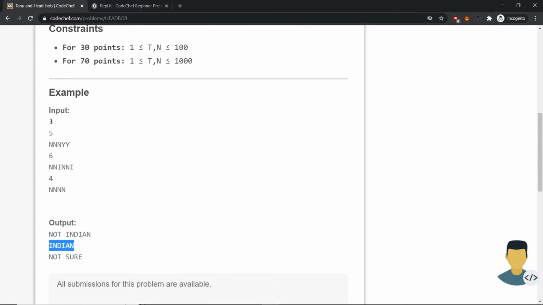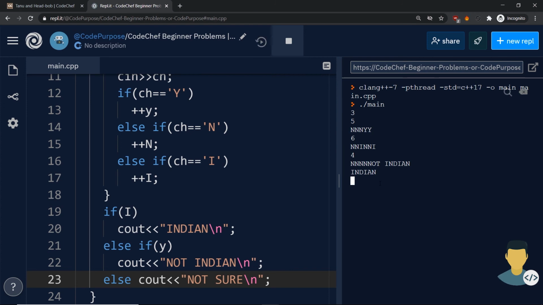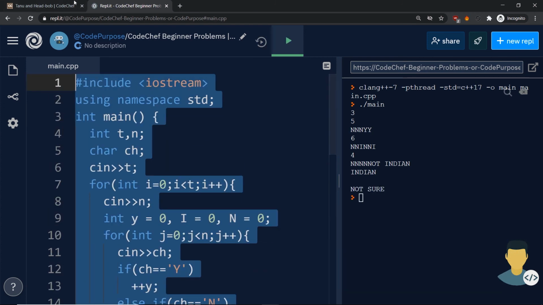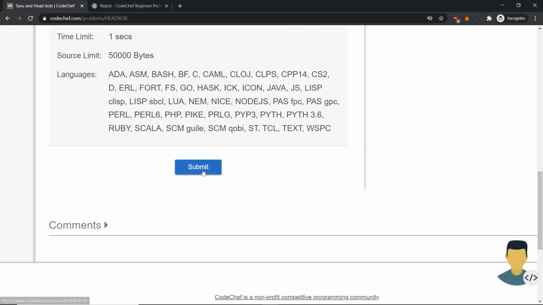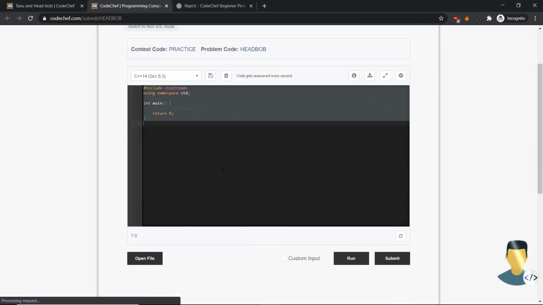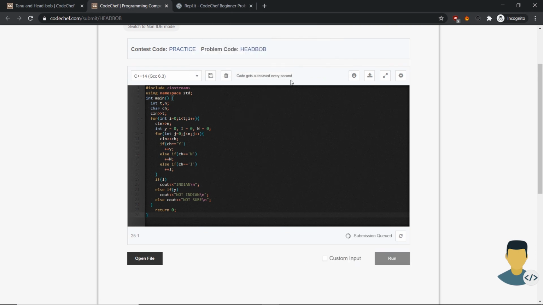I'm just going to copy those and check if we solved the exercise correctly. So not Indian, Indian, and not sure. It seems like it's solved correctly, so I'm going to submit it and see what will be the answer of the CodeChef compiler.